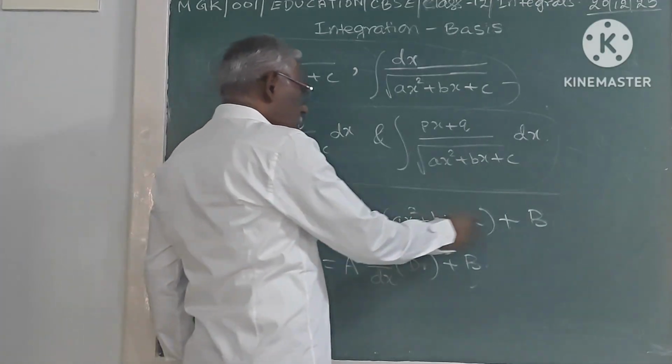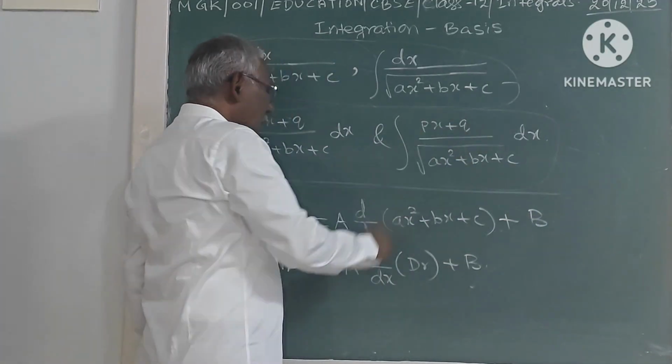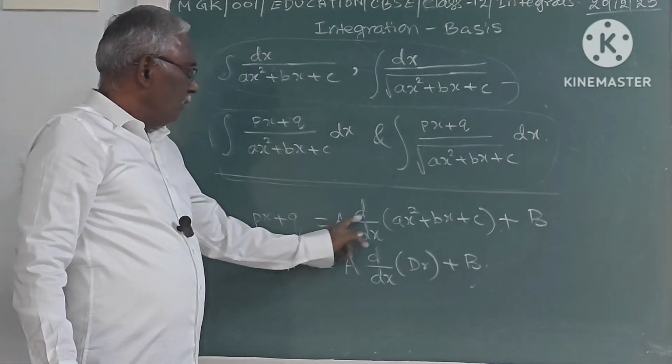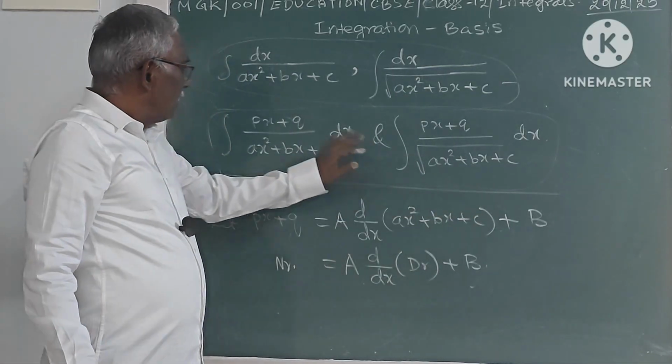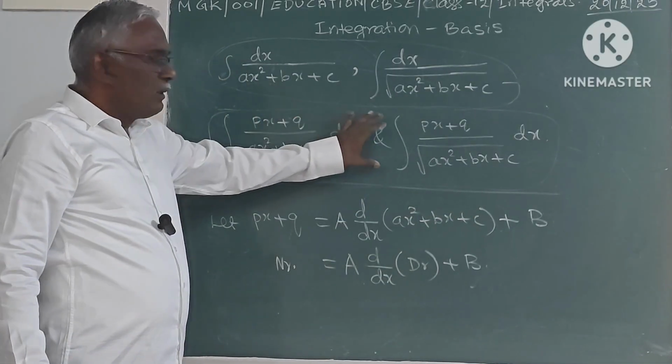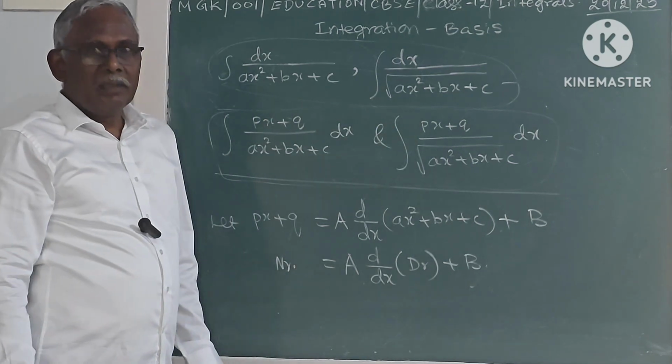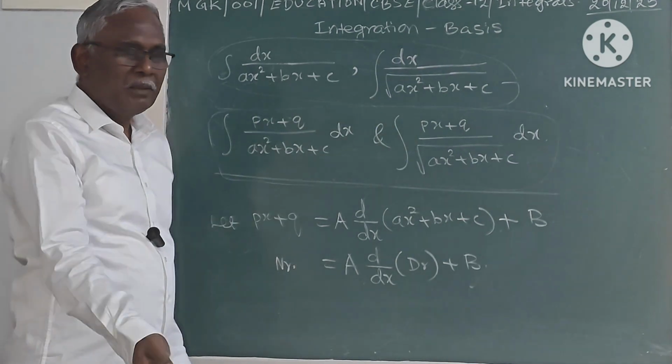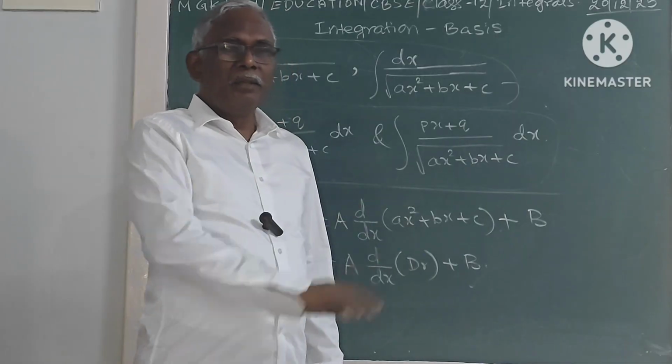Then for numerator px plus q, we write these two values. Then these two integrals we can write as the sum of two simpler integrals that will be in the formula form.